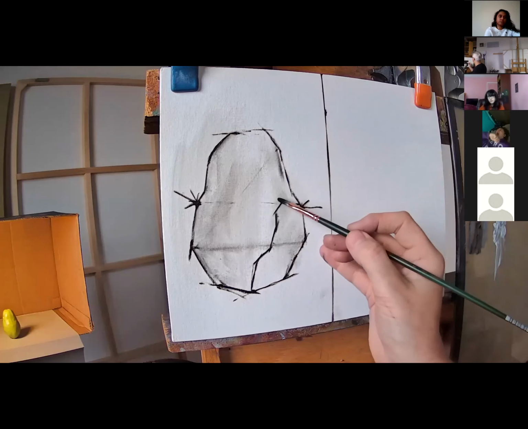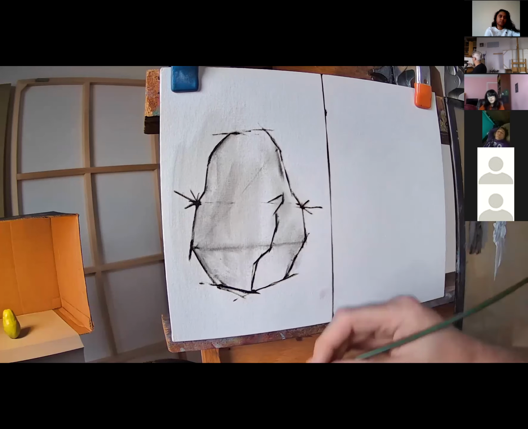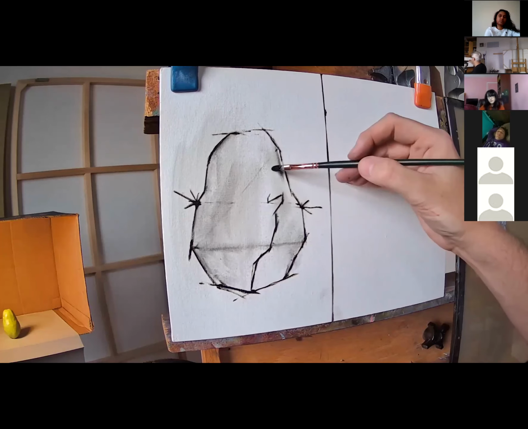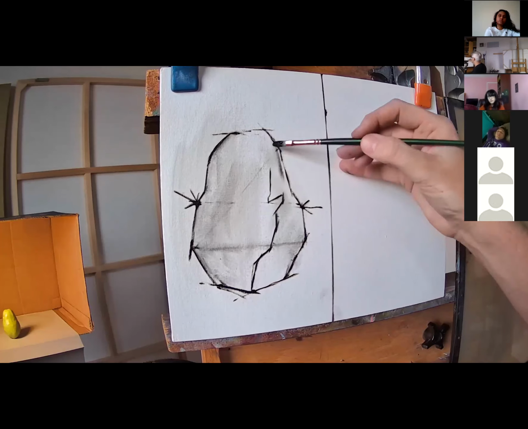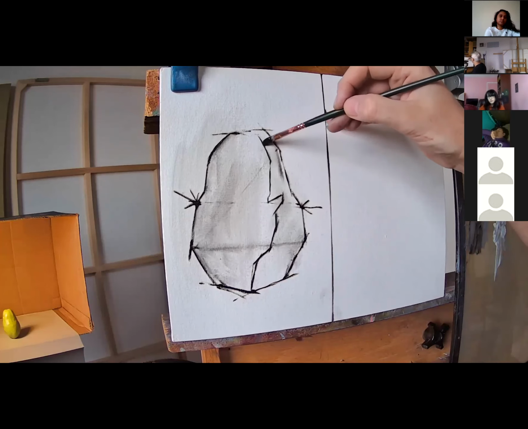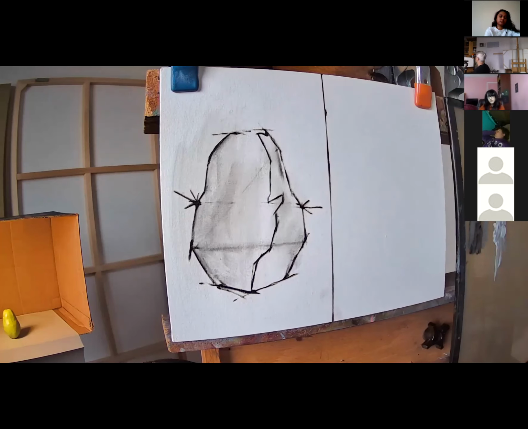Then the shadow pattern comes in and makes this little knife shape here. And then we get a kind of tightly arcing pattern of shadow on the right-hand side, and scoops under like this.